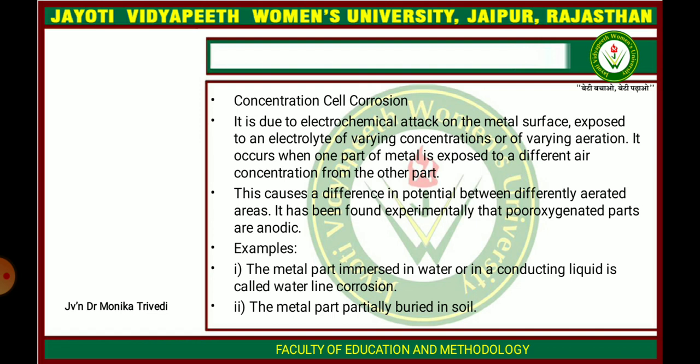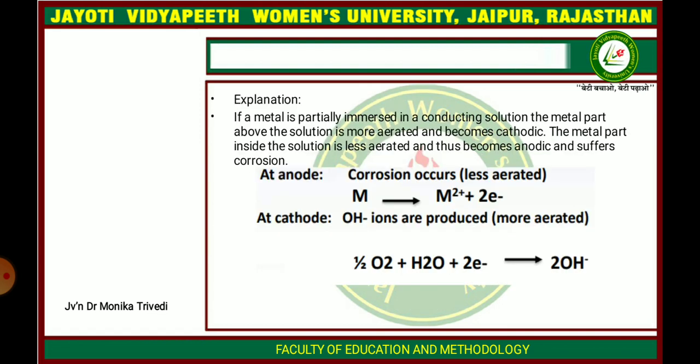Another example is a metal part partially buried in soil. If a metal is partially immersed in a conducting solution, the metal part above the solution is more aerated and becomes cathodic. The metal part inside the solution is less aerated and thus becomes the anode, and corrosion occurs.